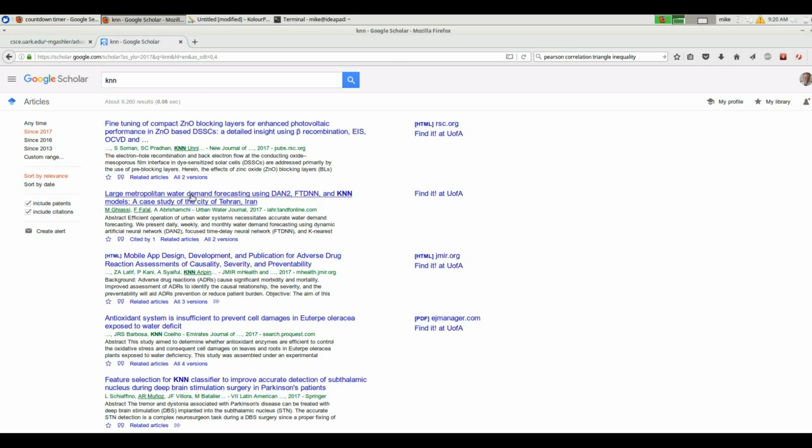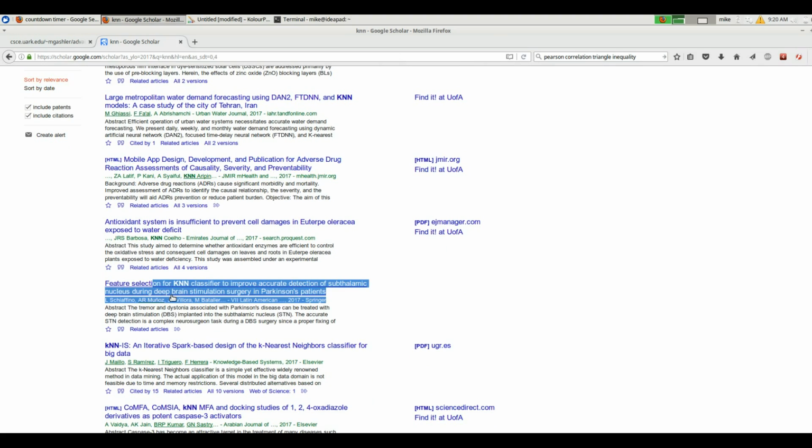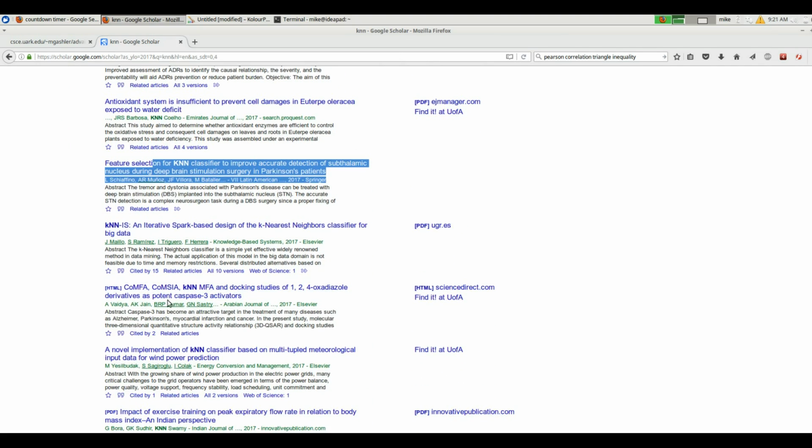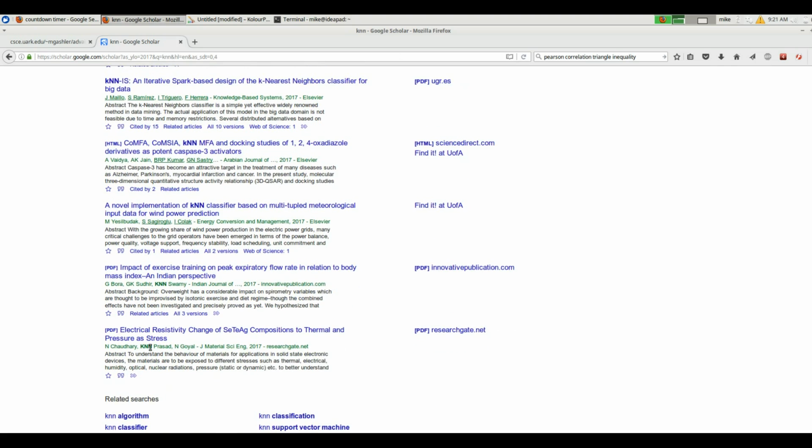Okay, here's stuff that's been happening really recently. People are using it in specific studies. Feature selection for KNN classifier. Obviously with KNN, if you can reduce the dimensionality, you're going to save yourself some time. There are speed improvements, and there are ensemble approaches to mixing different distance metrics. There are still some open questions.